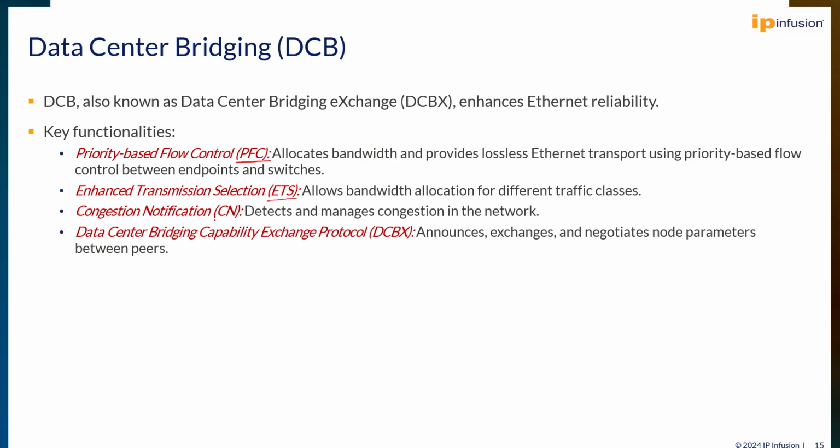We have congestion notification, sending messages to the sender, telling the sender to pause the transmit, and then again we can ask it to start resuming the transmission. And in the end, of course, there is a protocol which is going to negotiate all of these features with the other switches, and that is called DCB exchange protocol.